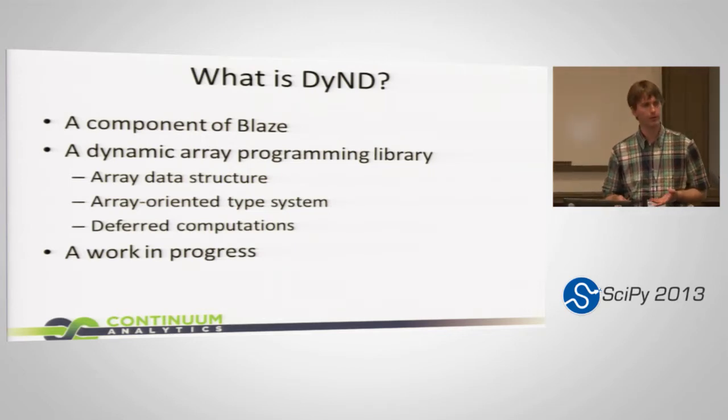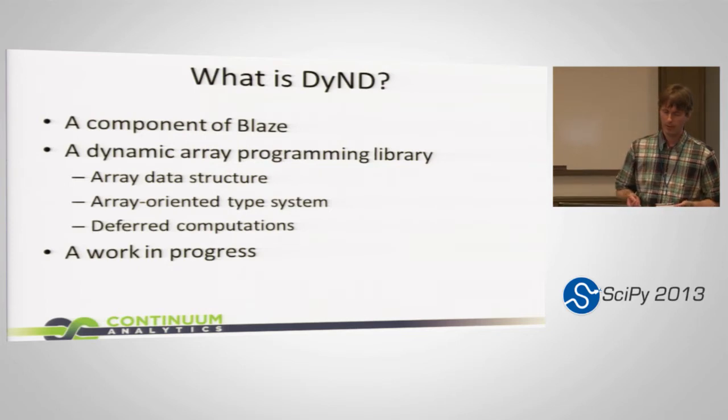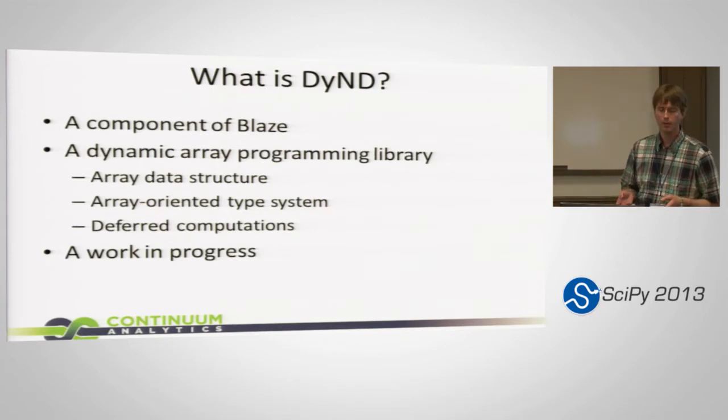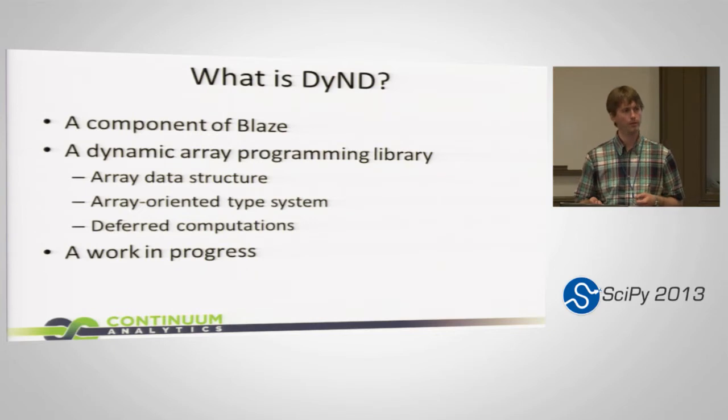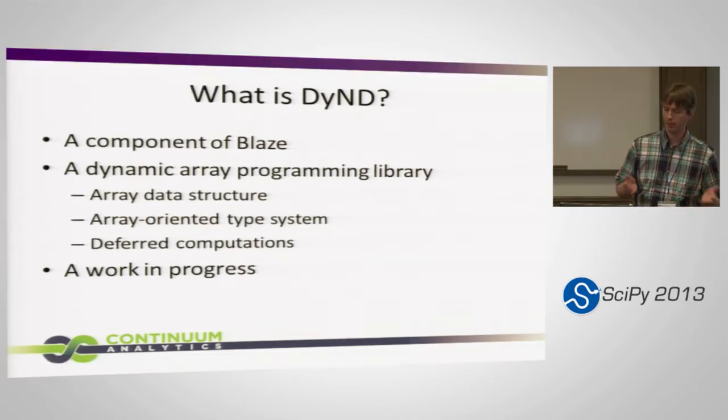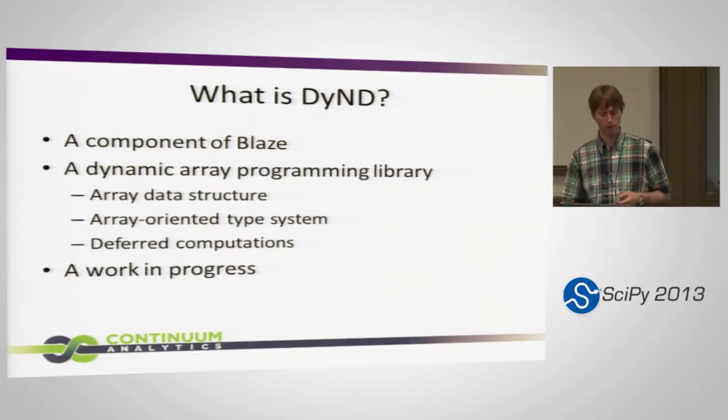It does deferred computations, and it's very much a work in progress. So what I'm going to show you is maybe some of the slightly more polished subsets of what I've developed so far, but it is definitely something that is being actively developed, and there are big gaps in what I've implemented and what's still missing.